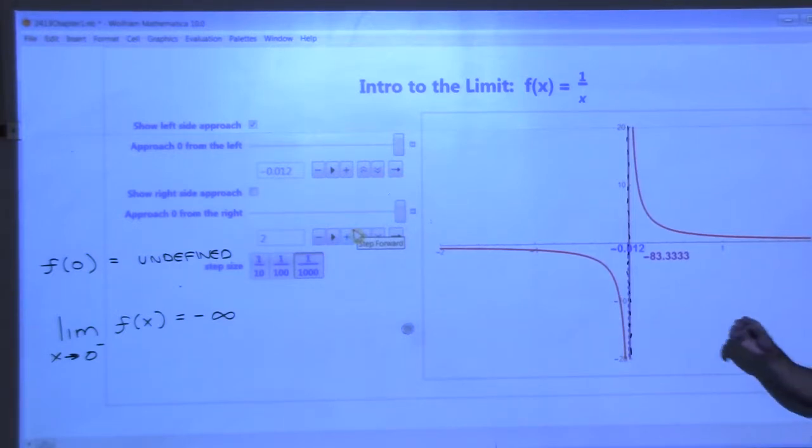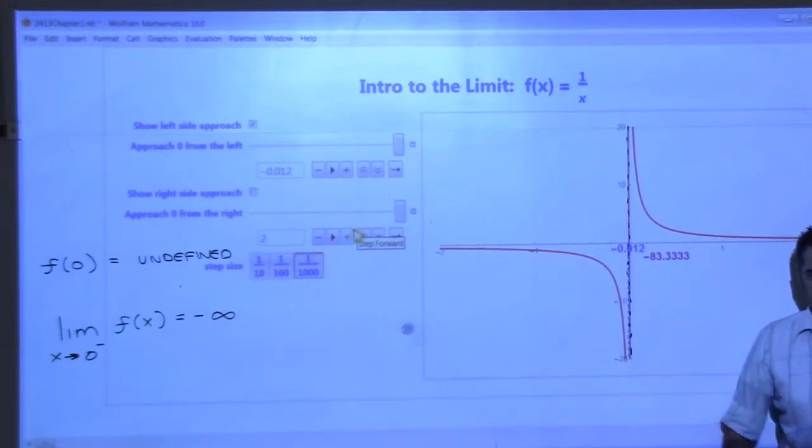The function is approaching negative infinity. So we actually have an answer for a question. Our answer is negative infinity, which is probably the first time we've ever had to use that as an answer.